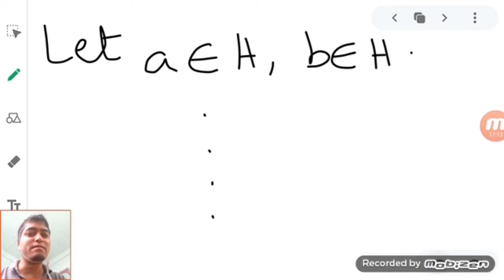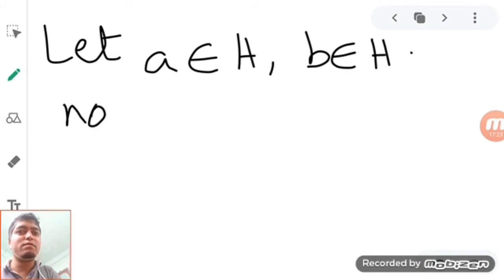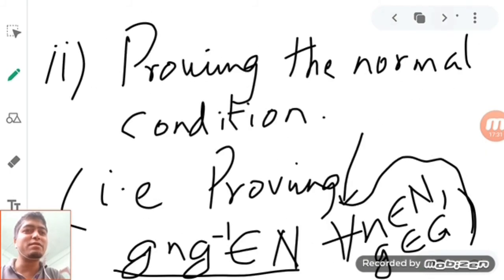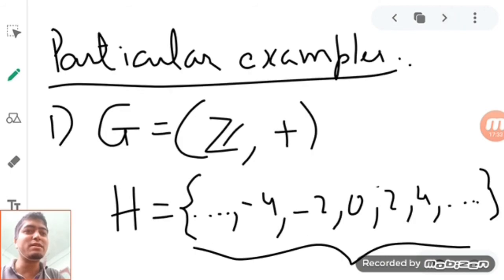All right, so let's see. So a belongs to H, and the subgroup H is the set of even integers.